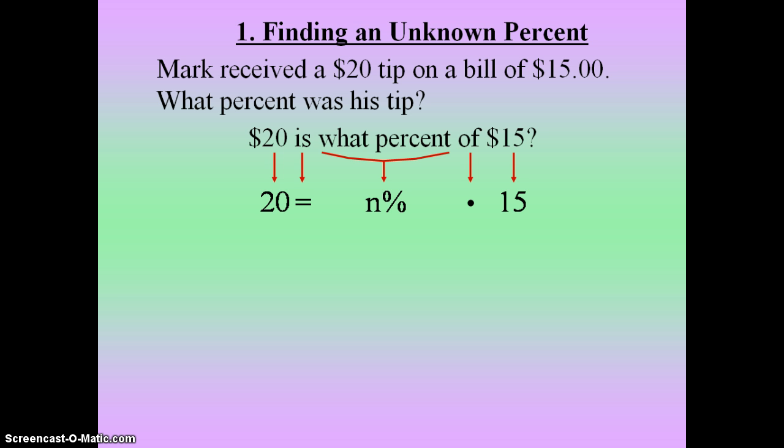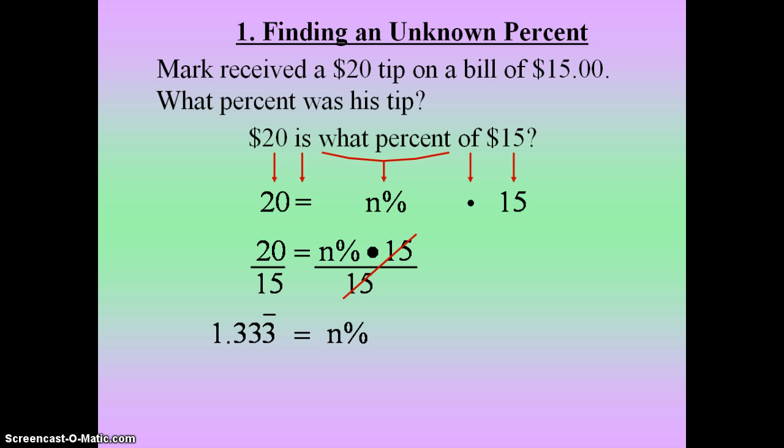Then I'm going to find n. To find n, I want to move the 15 over, so I'm going to take 20 divided by 15, which is 1.33 repeating. That's n as a decimal. Change that decimal to a percent, move it twice, so it's 133 and a third percent, or 133.3%. It's over 100% of a tip.